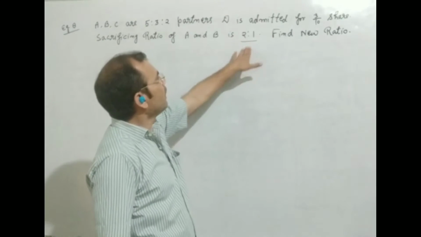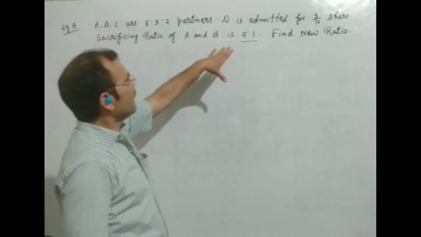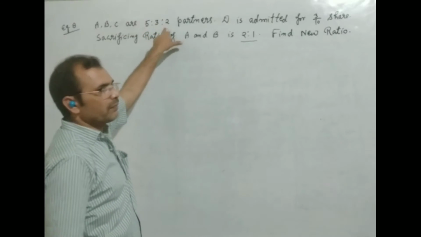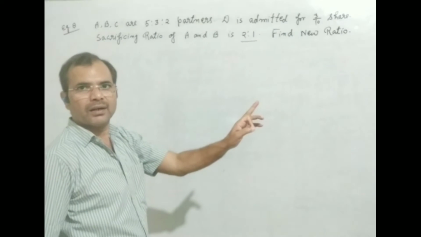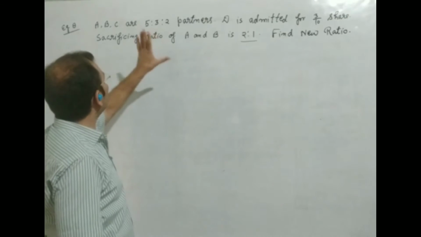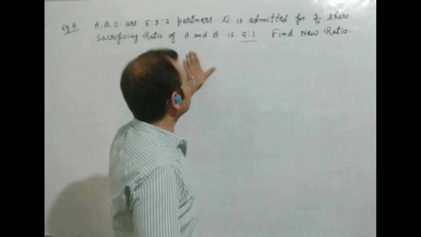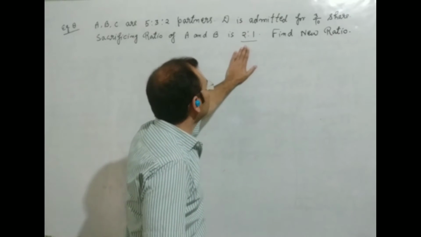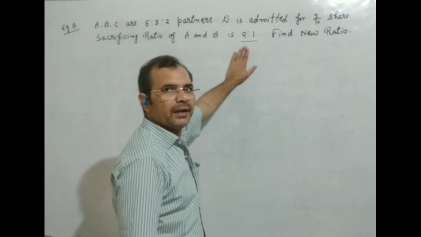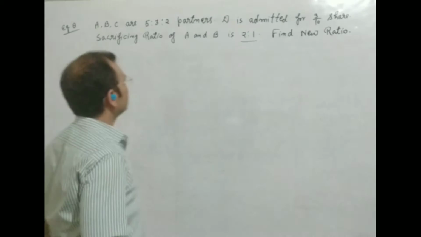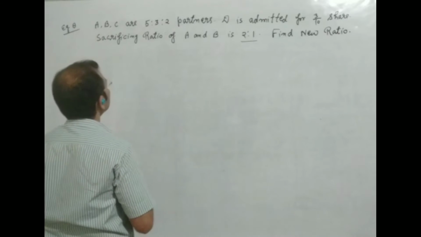It means when D is admitted, C will not sacrifice any share, and only A and B will sacrifice, and their sacrificing ratio is given in your question, 2:1. Find the new ratio. Now let's see how we will solve this question.